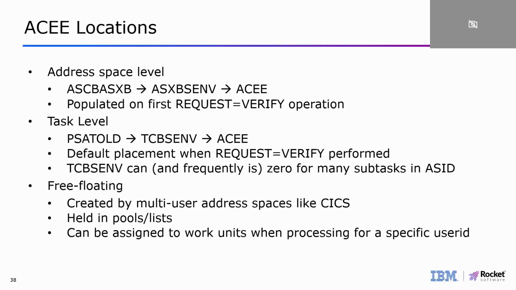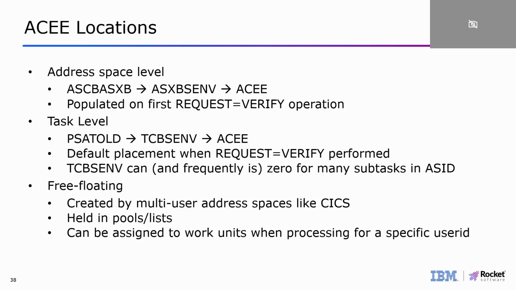So where is the ACEE? At the address space level, the ASCB points to your ASXB, and there's a field in the ASXB called ASXBSENV that will point to your ACEE. At the task level, because you can have multiple identities within the same address space, you can have an ACEE associated with your TCB. So there's a TCBSENV field.